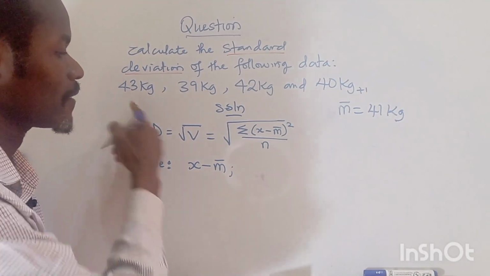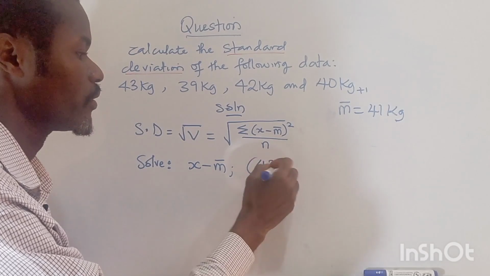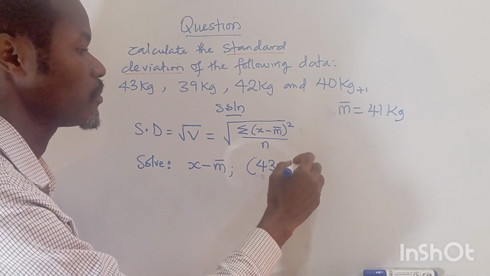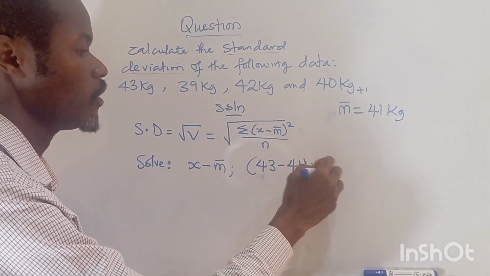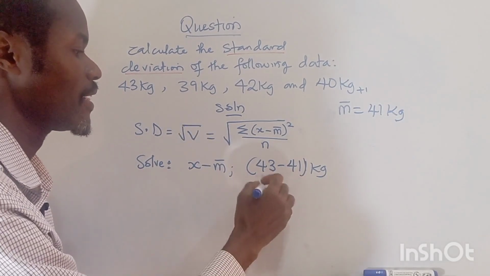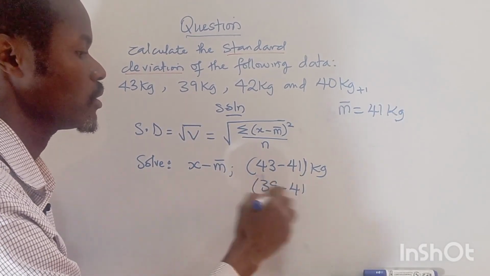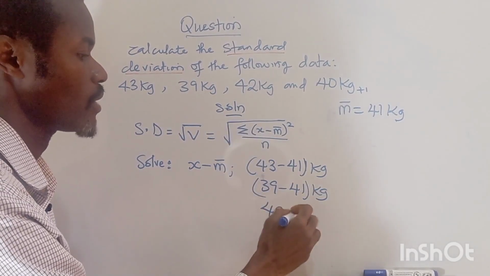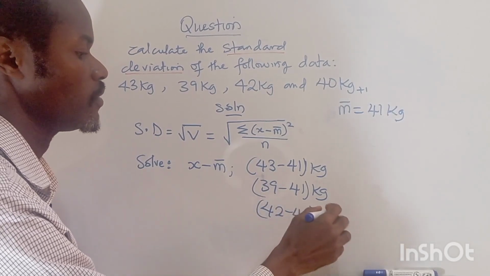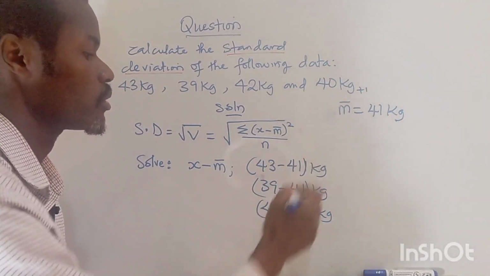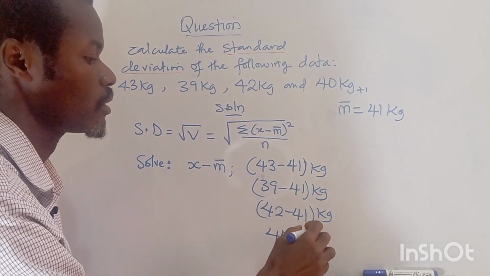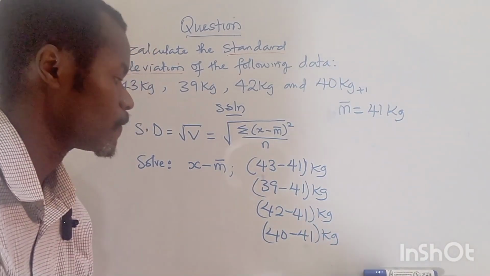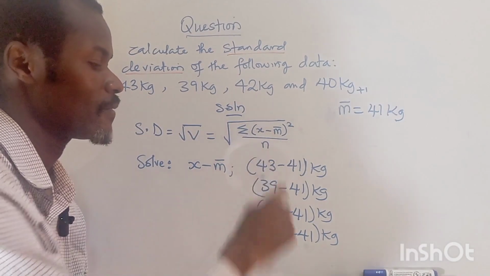The first one, x here is 43, so we have 43 minus 41 kg. The next one is 39 minus 41 kg. The next one is 42 minus 41 kg. And the last one is 40 minus 41 kg. So that is working on the difference, which is this minus this.